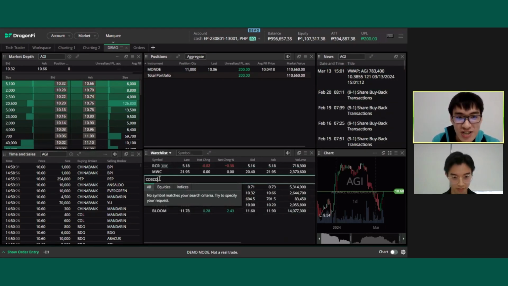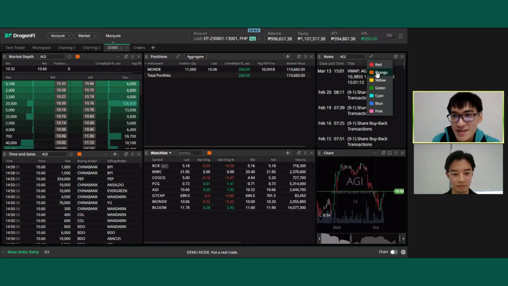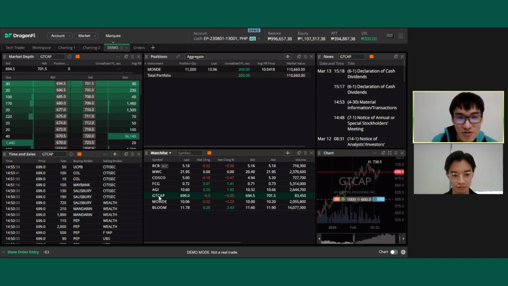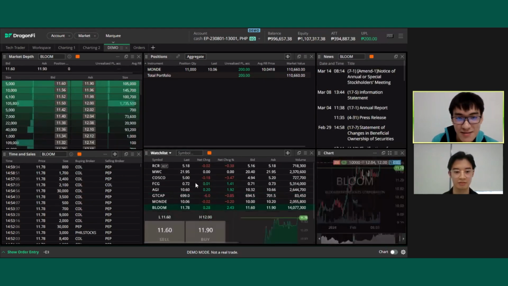So it doesn't change. So what you would do is you just press this, then you link it. So let's make it all orange, right? So that if you press another watch list, see, it moves at the same time, right? So GT Cap there, right?